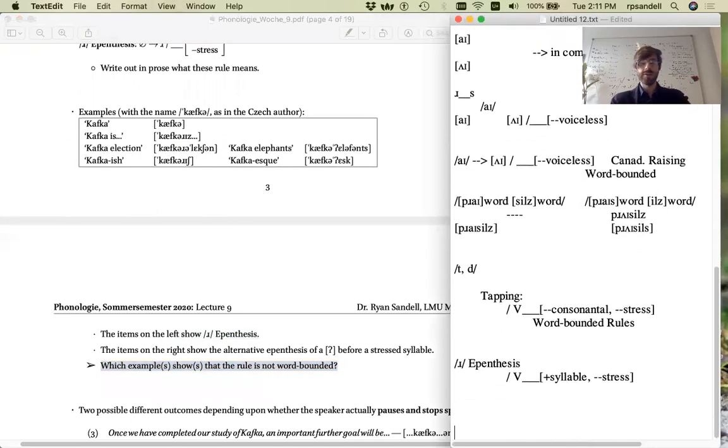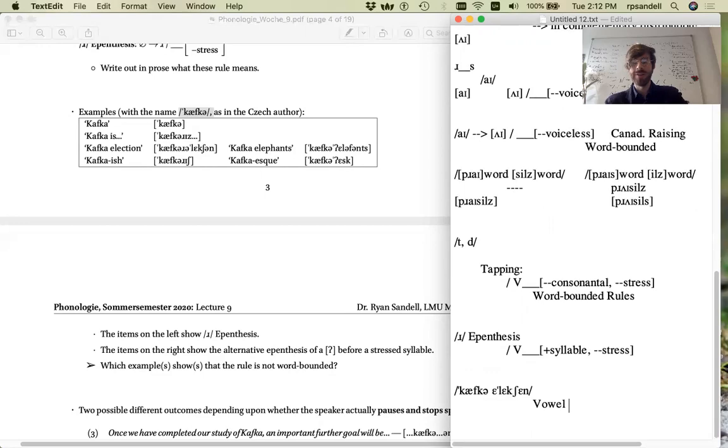So for instance, let's take the underlying sequence. We have Kafka, and the underlying form here for the word election. I would consider all of these to be short e's underlyingly, which then are reduced to schwas when unstressed.